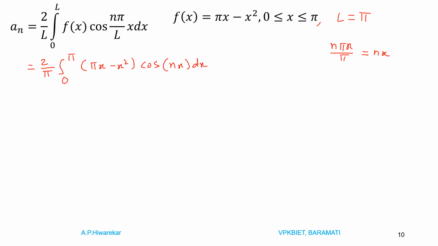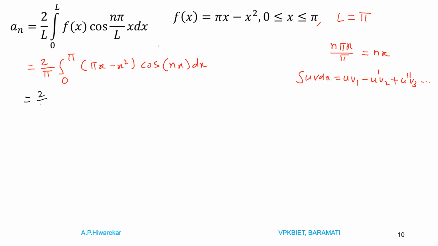Now to evaluate this integral further, we have a standard result: integration of uv dx is u v1 minus u dash v2 plus u double dash v3 minus and so on. Here v1 is the integration of v, and u dash is the derivative of u. So we evaluate this integral further.